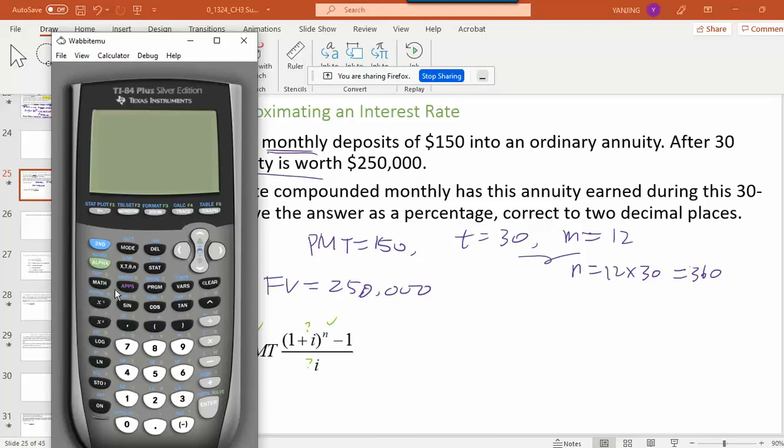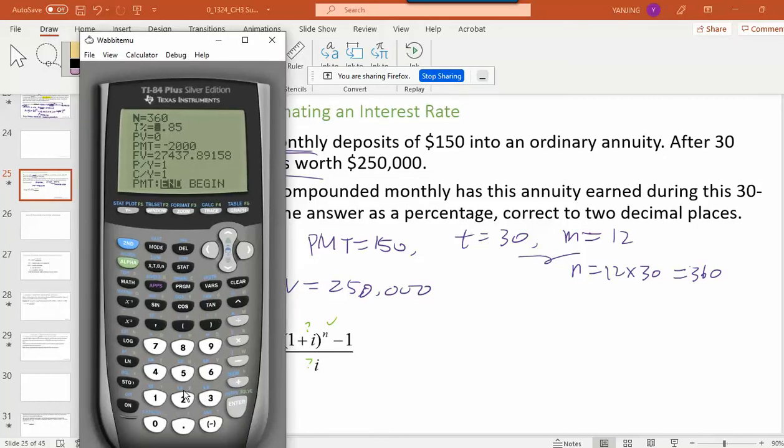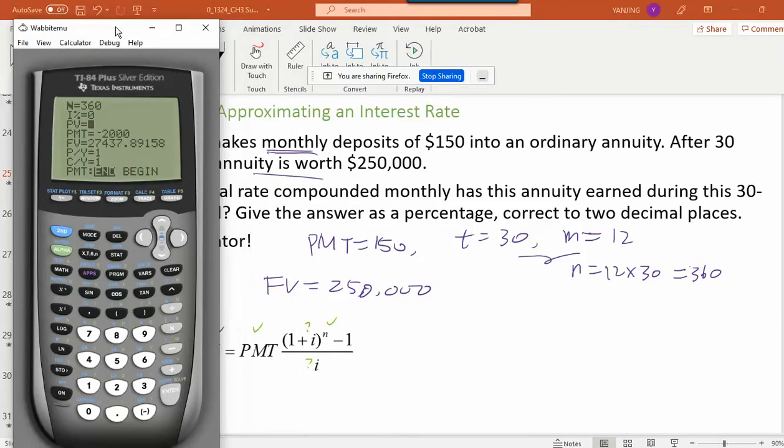Go to the apps, finance, TVM solver, and here N is 12 times 30, which is 360, right? And the interest rate is the one we want to find. So this we're gonna put 0 for now. Come back to solve this one. The present value is 0, which is right because we don't have anything to begin with.